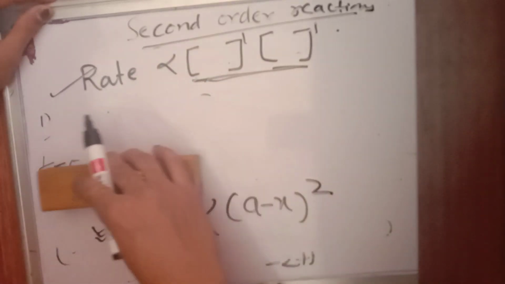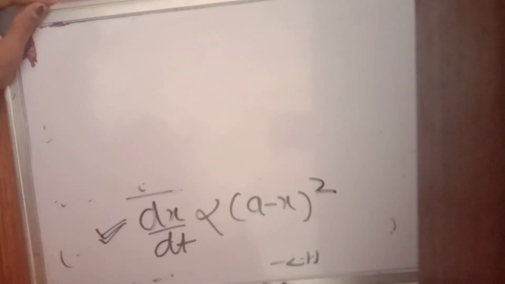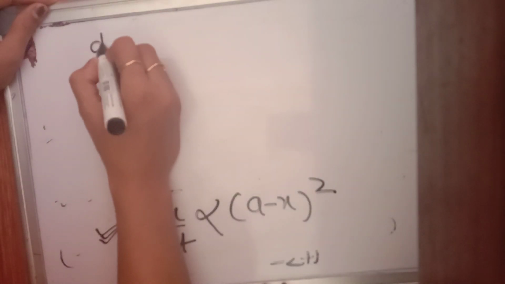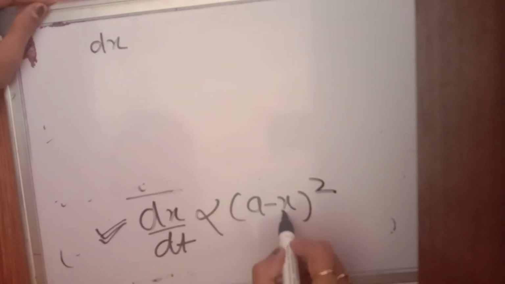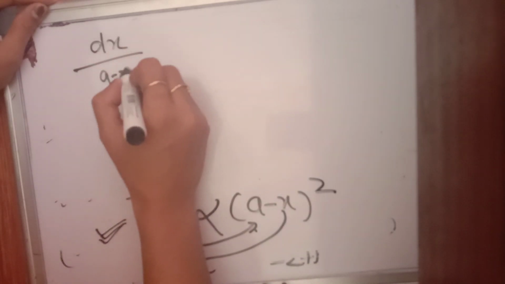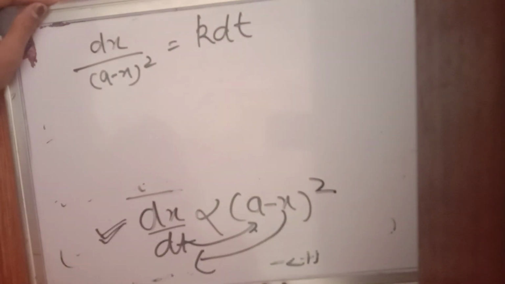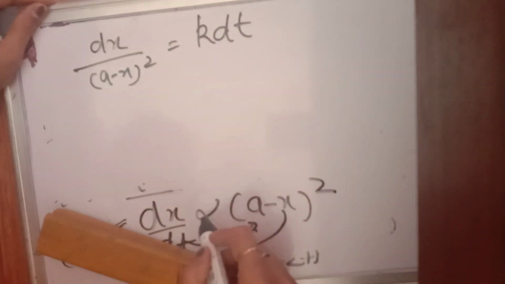I have to integrate it. For integrating, I take x terms on one side and t terms on the other side. We'll get dx upon (a minus x) squared is equal to k dt, where k is the rate constant.